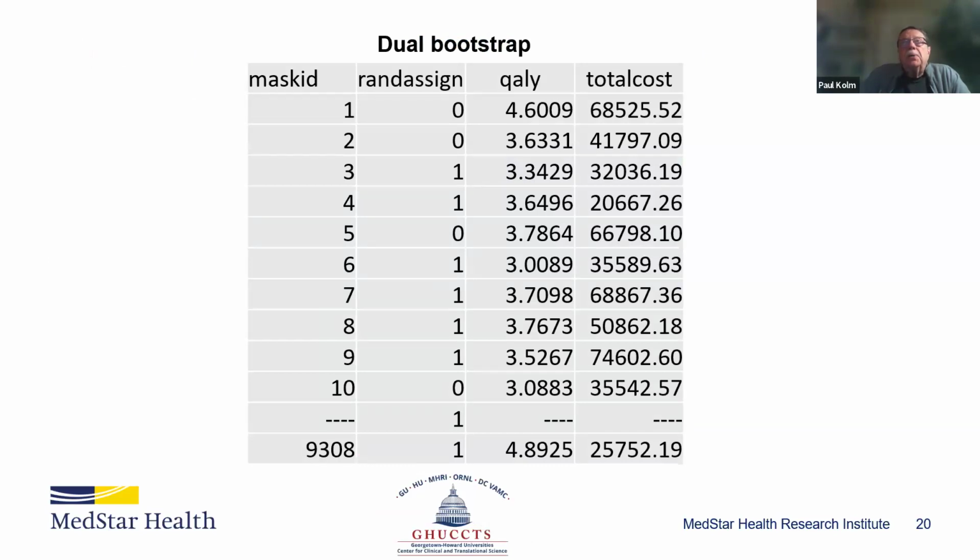And so when we do cost-effectiveness analysis, we have to take both the total cost and the quality adjusted life year for each patient. We can't just get a bootstrap sample of total cost and then do a different bootstrap of the quality adjusted life years. So we have to take them together. And that's why we call that a dual bootstrap.